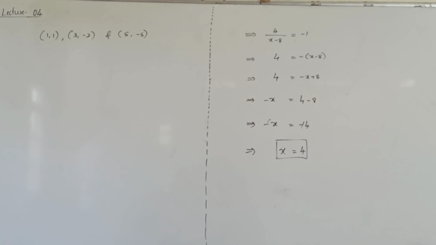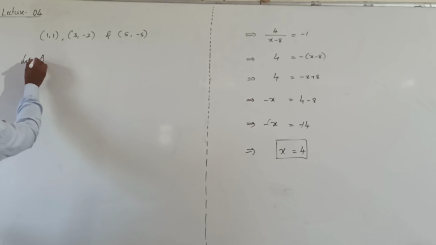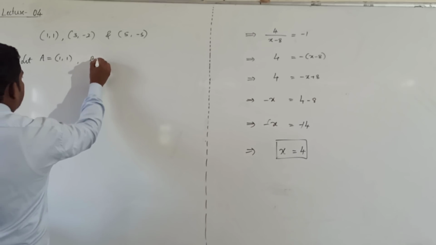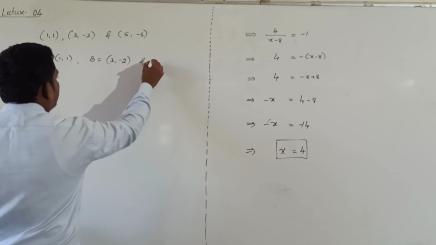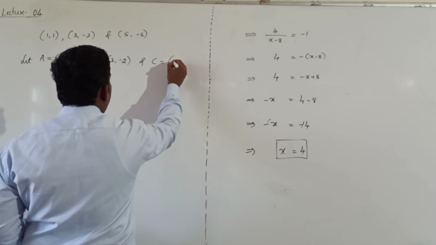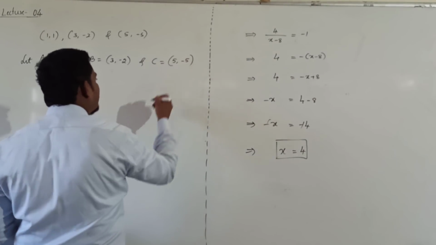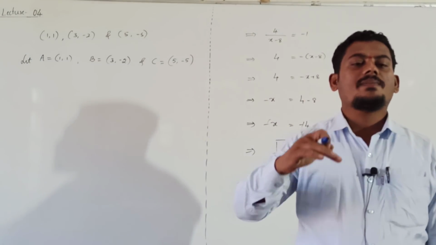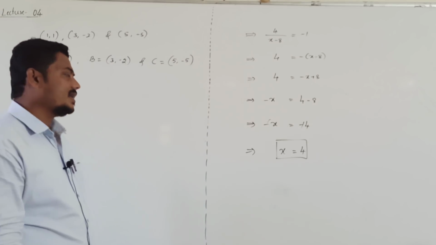Take the first point as A, 1, 1, the second point as B, that is 3, -2, and the third point C, it will be 5, -5. When you conclude the given three points are collinear, if the slope of AB is equal to the slope of BC, then we conclude the given three points are collinear, right?